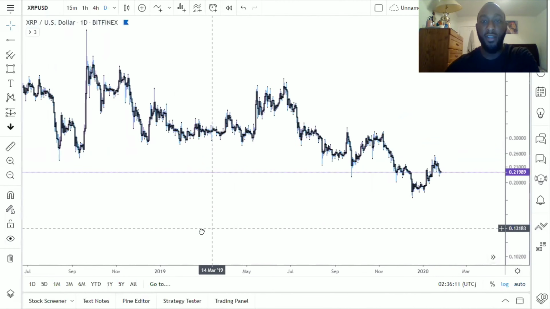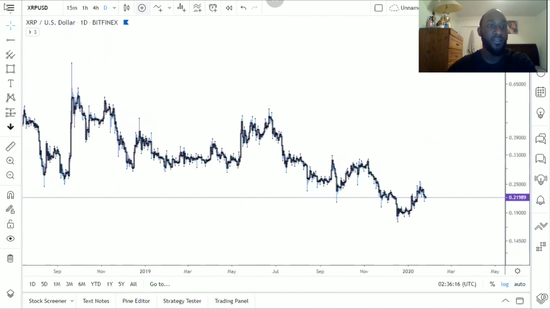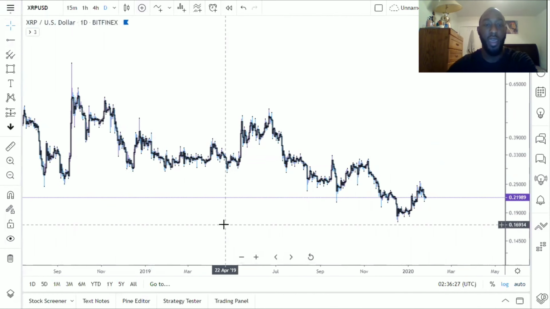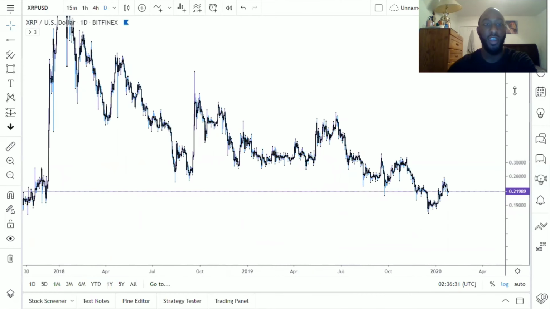But to really identify support and resistance levels, you want to see if a level has been touched multiple times. So you want to go at least 3 to 6 years back in the past, or months back in the past, depending on what you're trading.